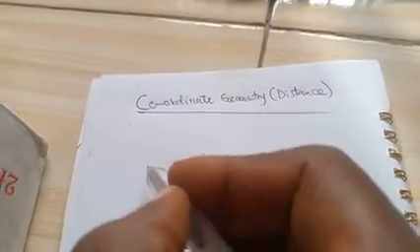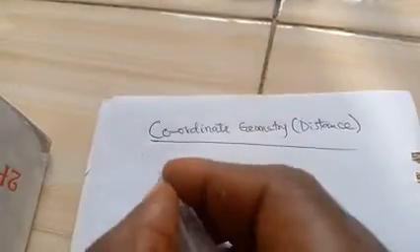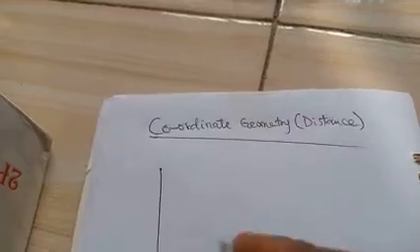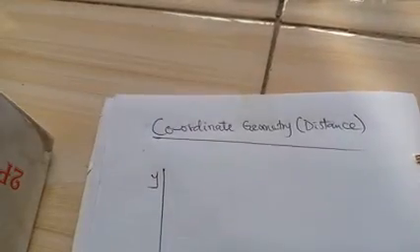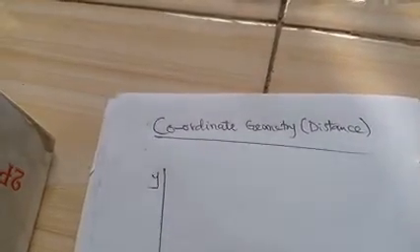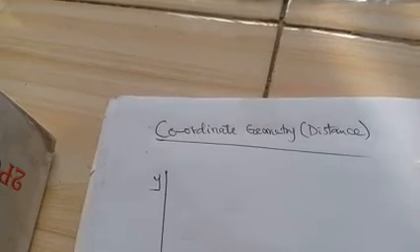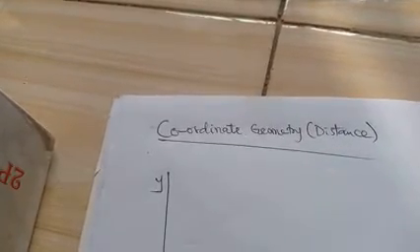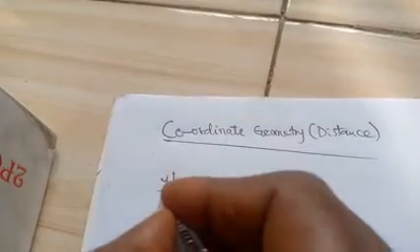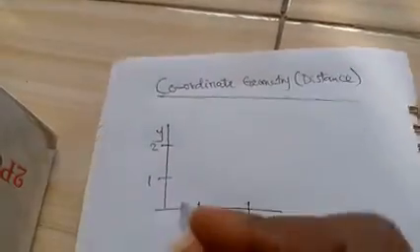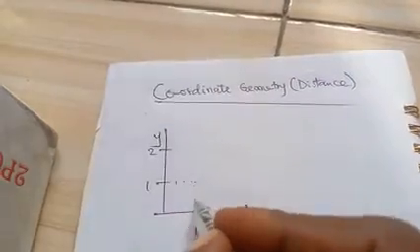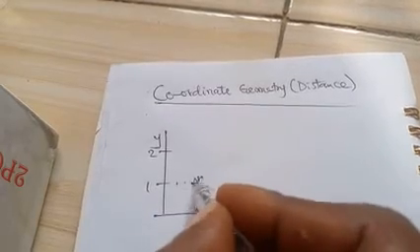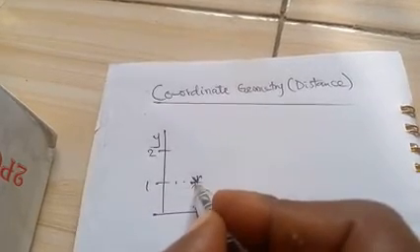If, for example, we have that this is the y axis and this is the x axis. Let's say here we have x1 and here we have x2. Here we have y1 and here we have y2. If we plot here and here, this is the point where they meet.